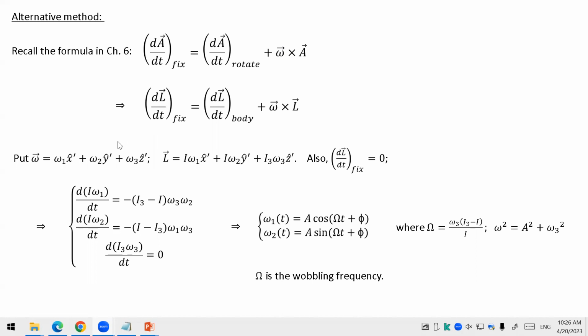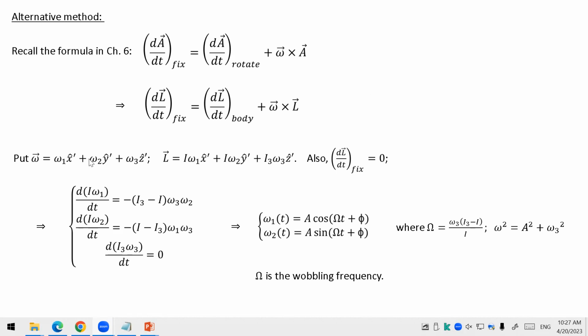Okay. So if I write it this way, and then I substitute the expressions of omega and L into this equation, what I get is the following. Notice that the external torque equals dL/dt, so the left-hand side is 0, meaning this term plus this term is equal to 0.